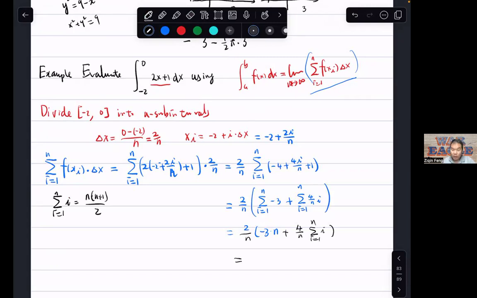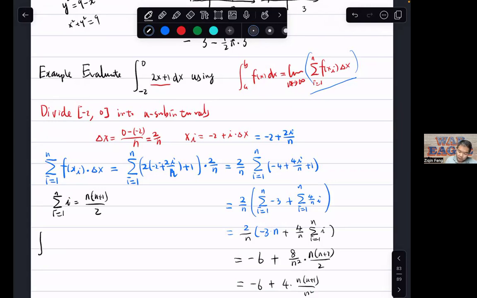Now we want to simplify our function. So this is -6, then plus 8 over n squared times n times (n plus 1) over 2. This equals -6 plus 4 times n times (n plus 1) over n squared.